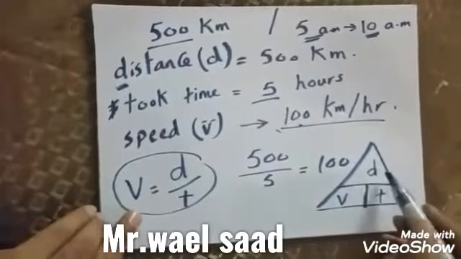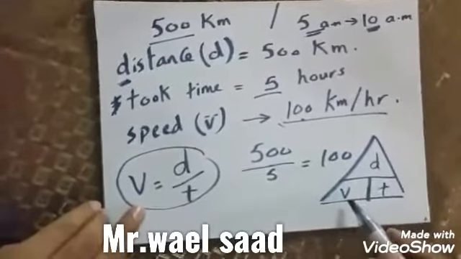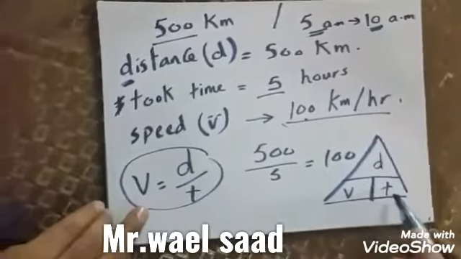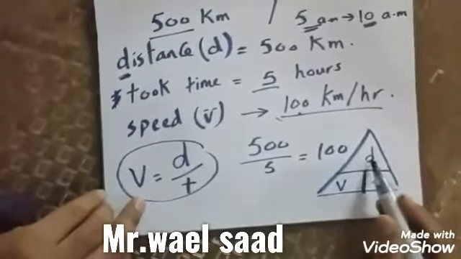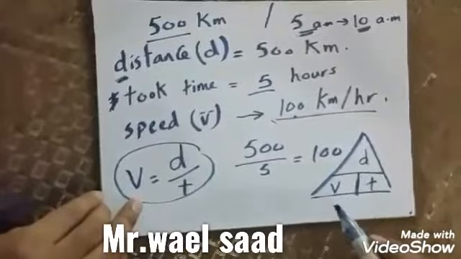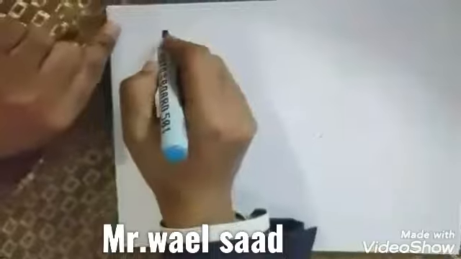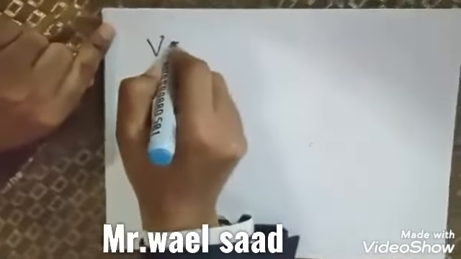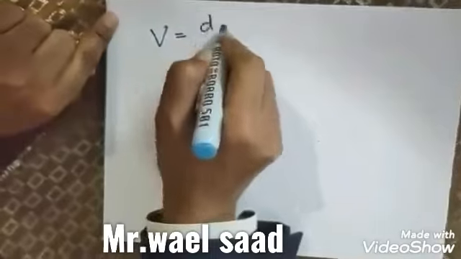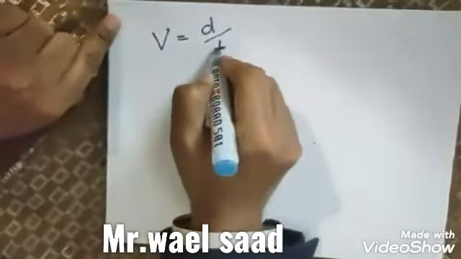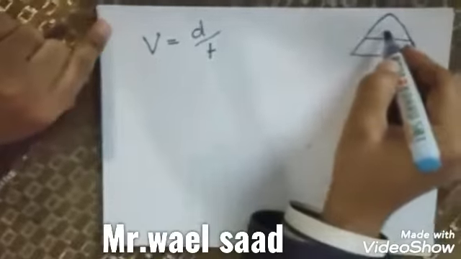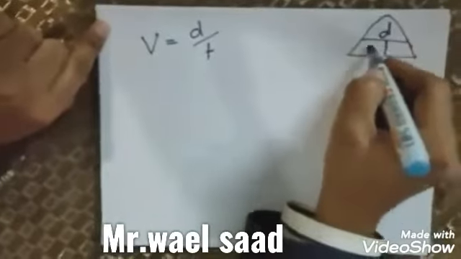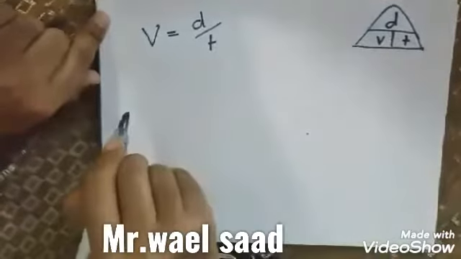If I want to get distance, it is speed times time. If I want to get time, it's distance divided by speed. Now, we could say velocity or speed, okay, but here speed equals distance over time. And this is our triangle, D equals V times T.